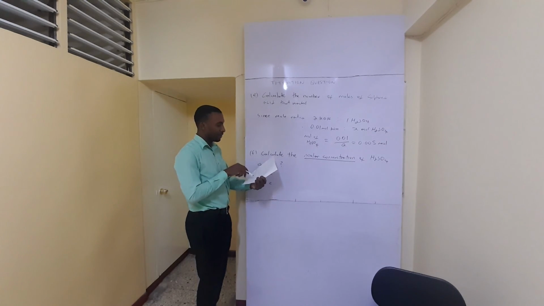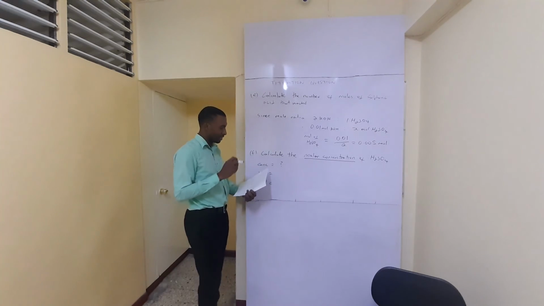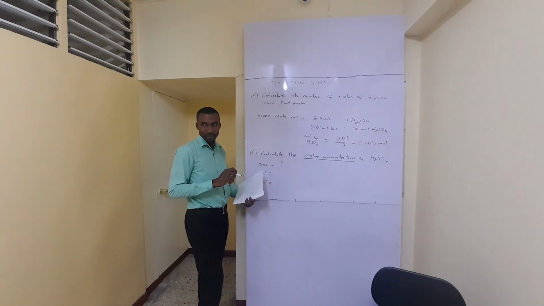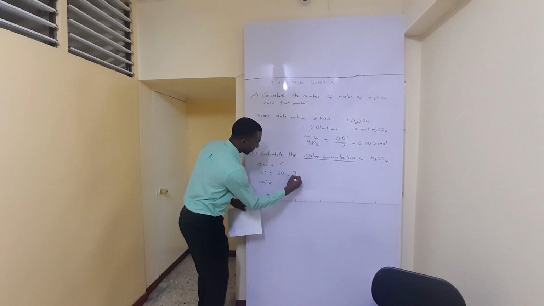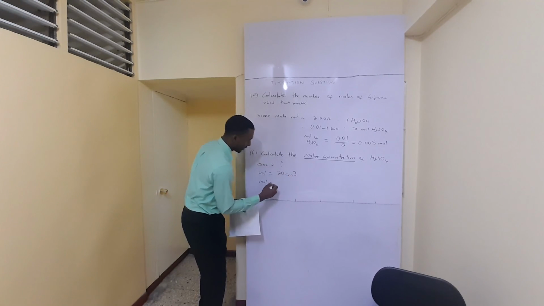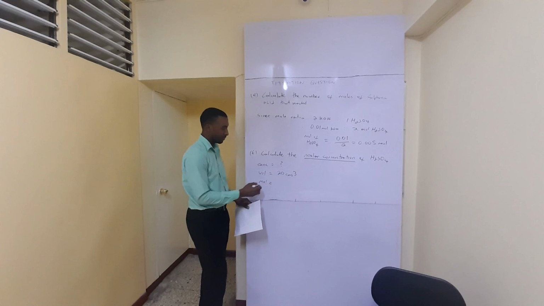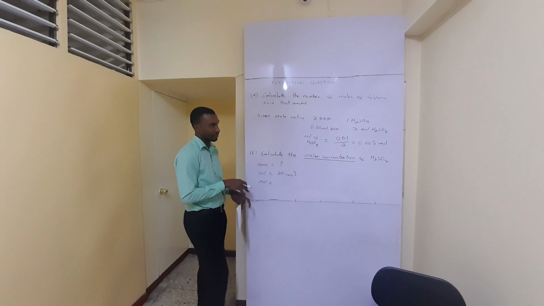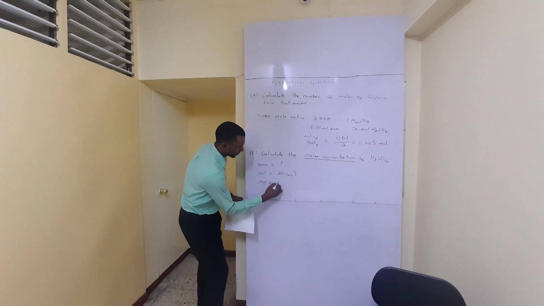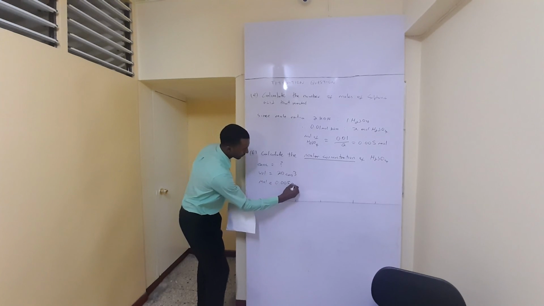Part A was what is the volume of sulfuric acid needed to neutralize 25 cm3 of KOH. What was the answer from part A? 20. Good. This is 20 cm3. Right? And what number of moles of sulfuric acid was used? 0.005.